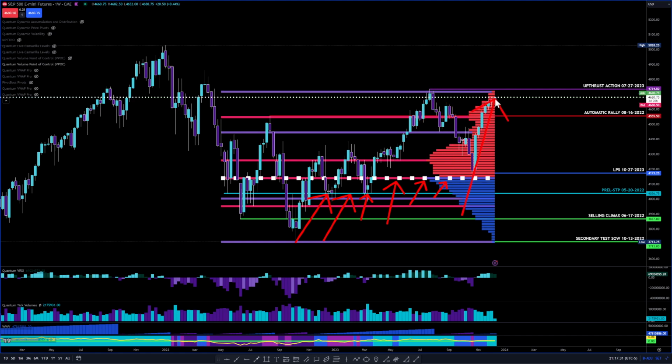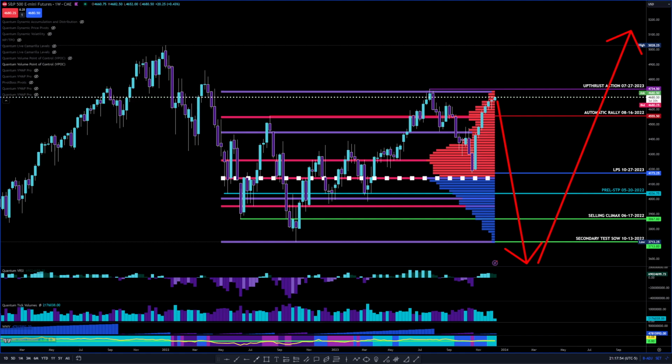Now, this is something that could probably play out again. We could probably get a little breakout above that and get major selling again. Now, as I was saying about the spring test, we're supposed to get a nice deep spring test or terminal shakeout and then go into phase C and really break out, right?